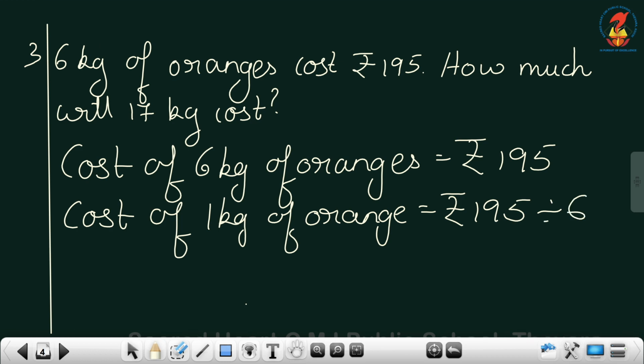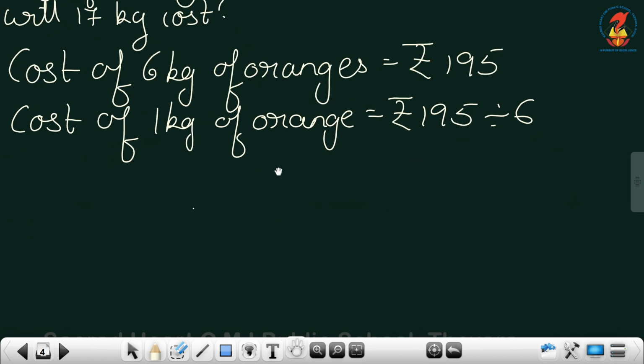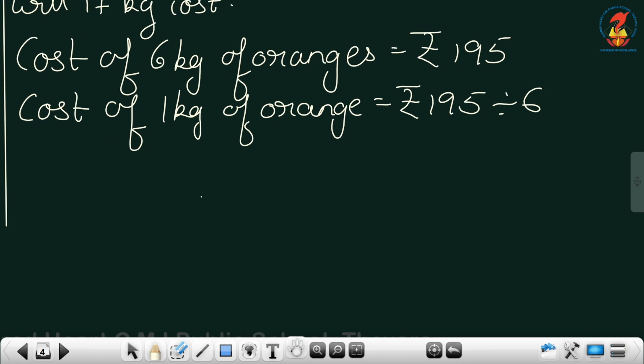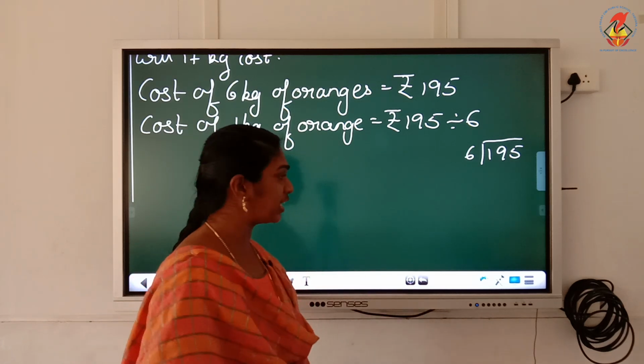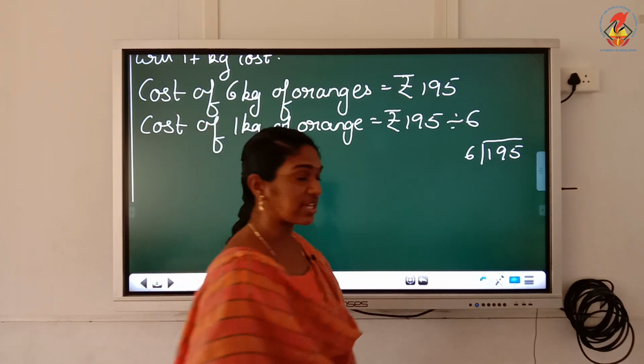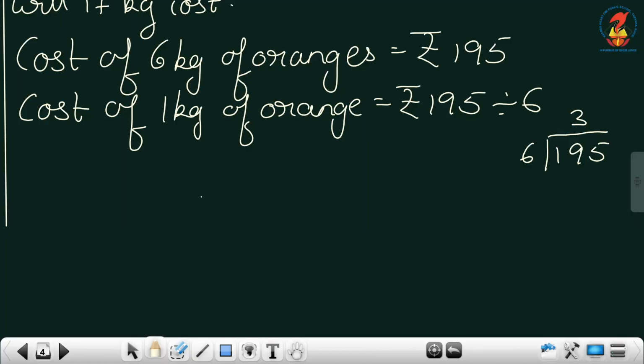So first we will do that division. 195 divided by 6. Starting with the first digit, 1 is smaller than 6, so we will take 19. How many times does 6 go in 19? Yes, 3 times. So write 3 above 9. 6 3s are 18.